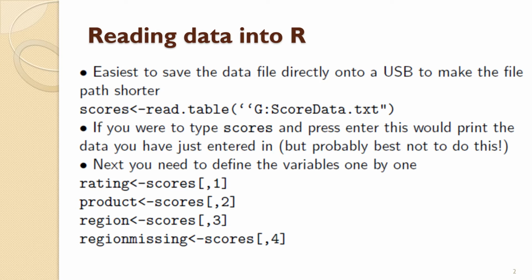So rating <- the first column, product <- the second column, region <- the third column, region missing <- the fourth column. It's like coordinates, and remember this with the word arc. The first number is the row, the second number is the column.